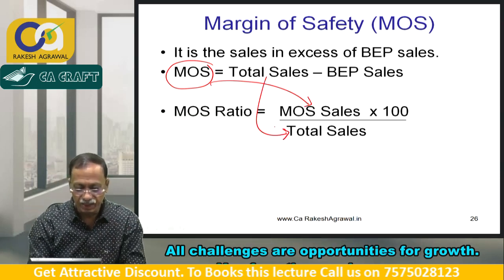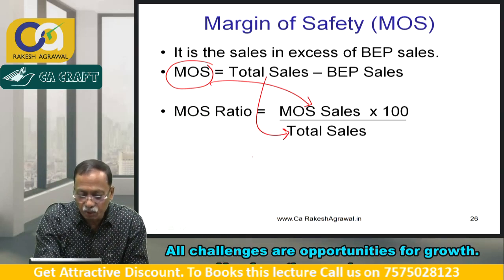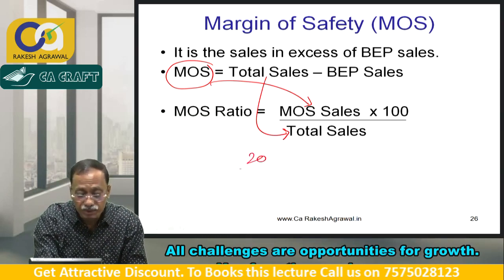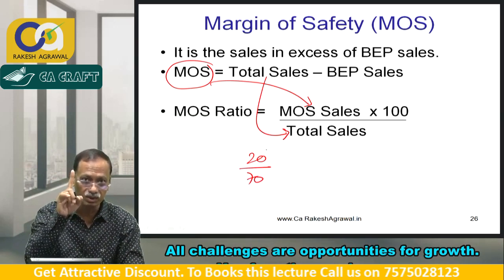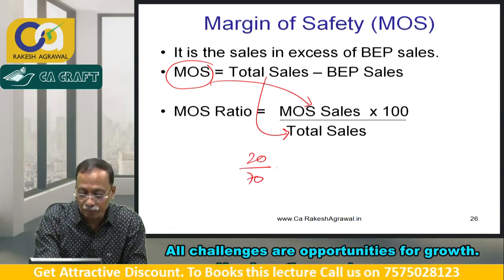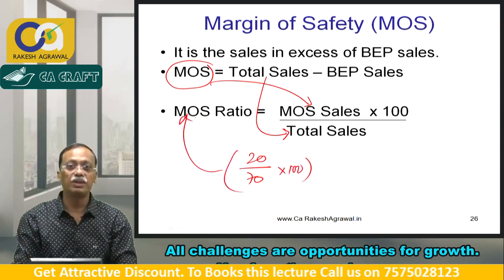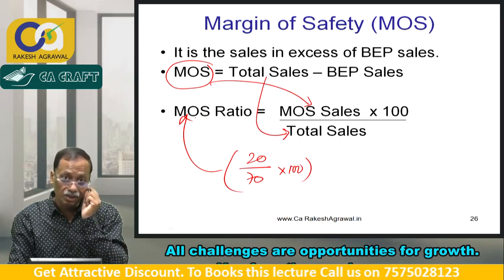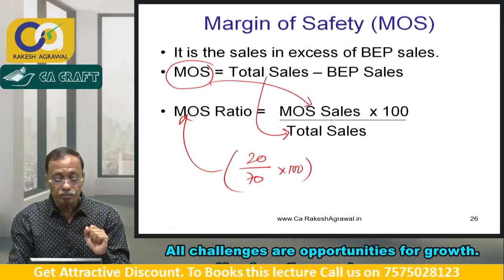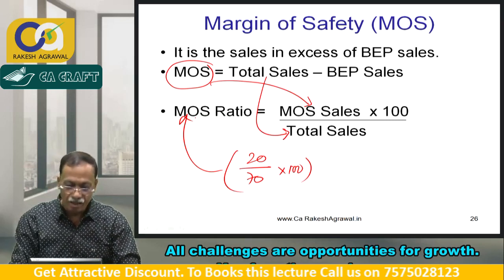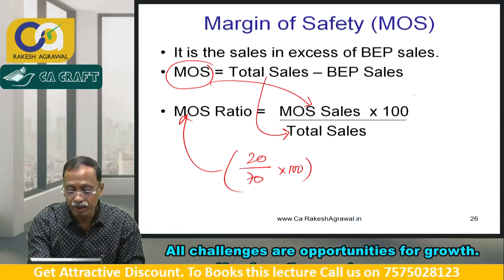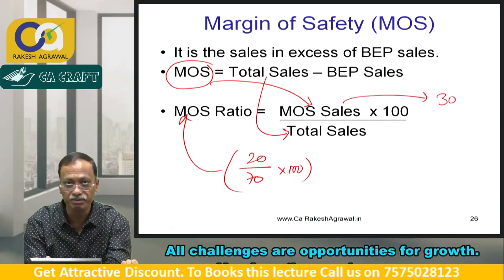In our recent example, we had seen that you have scored 20 marks extra out of 70. Please remember, out of 70, your actual score was 70. So 20 upon 70 into 100 will be your margin of safety ratio in your CA exam, assuming your actual score is 70 marks. If suppose your actual score is 80 marks, then margin of safety will be 30, no? 80 minus BEP 50.